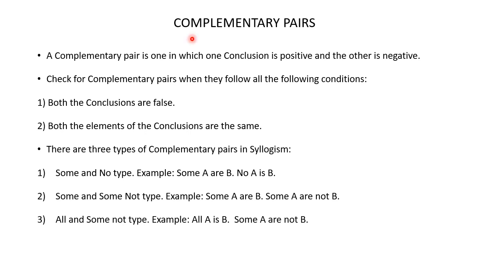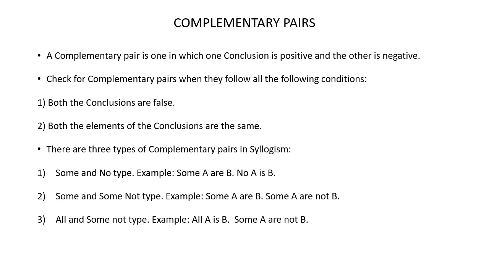Let's now learn about complementary pairs. A complementary pair is one in which one conclusion is positive and the other is negative. Always check for complementary pairs when the conclusions follow these conditions. Both the conclusions should be false.